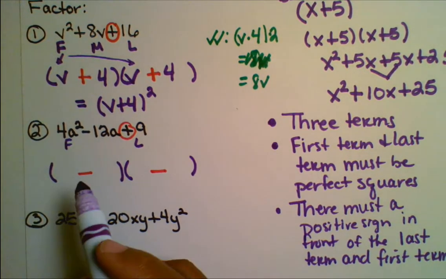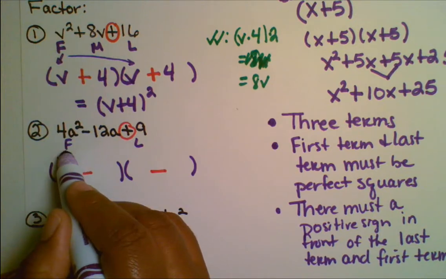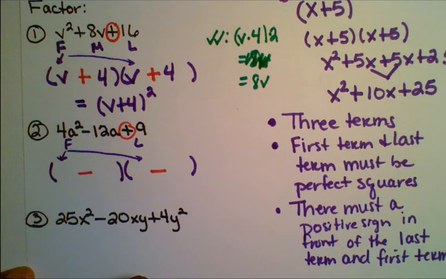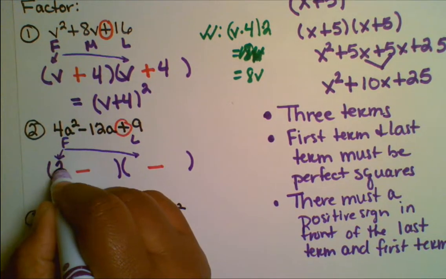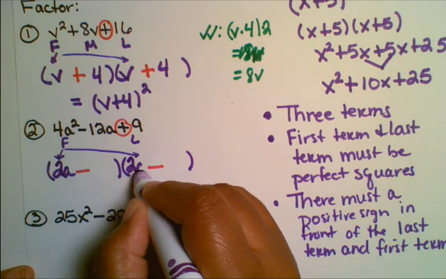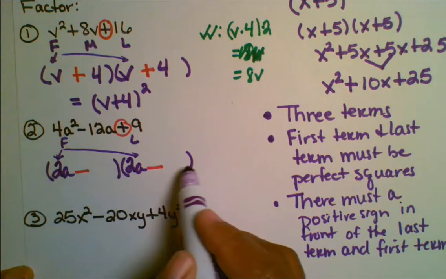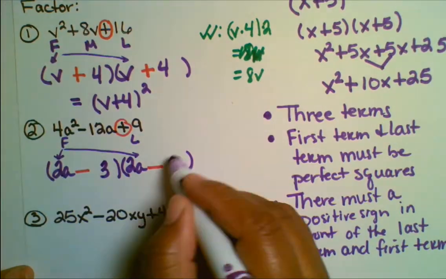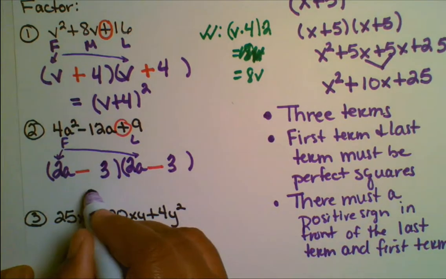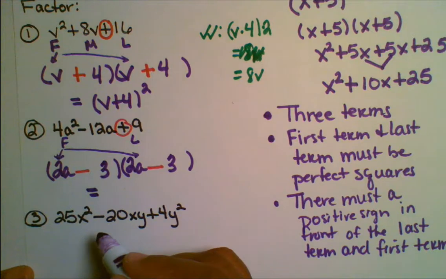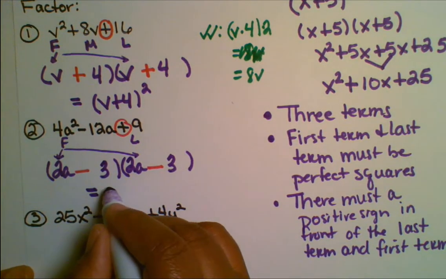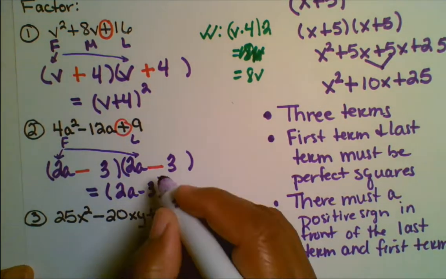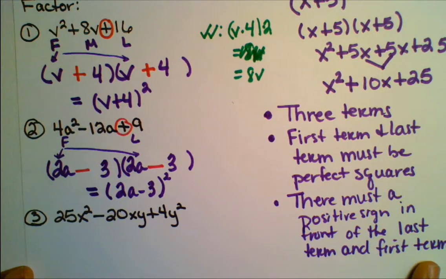Let's break down the first term. What 2 identical factors would give us 4a squared? 2a, 2a. And what 2 identical factors would give us 9 for the last term? 3 and 3. So now we have 2a minus 3 times 2a minus 3. We can write it as a binomial squared, and our solution is 2a minus 3 squared.